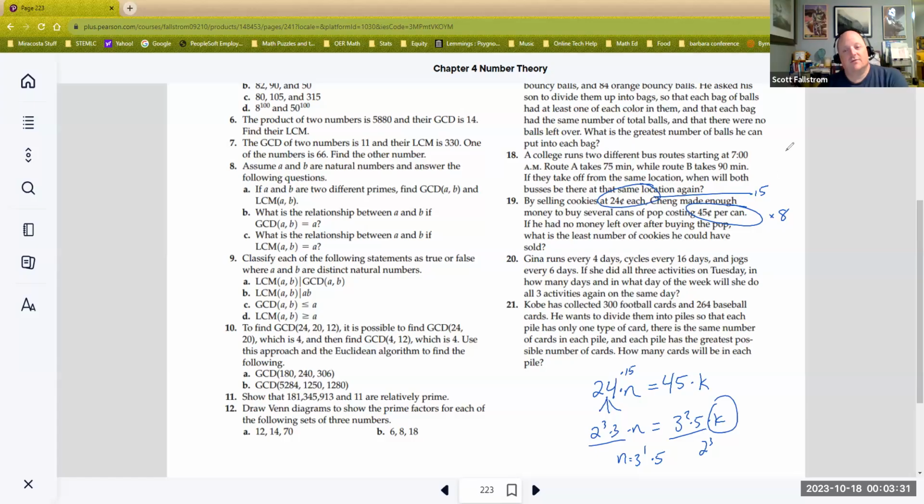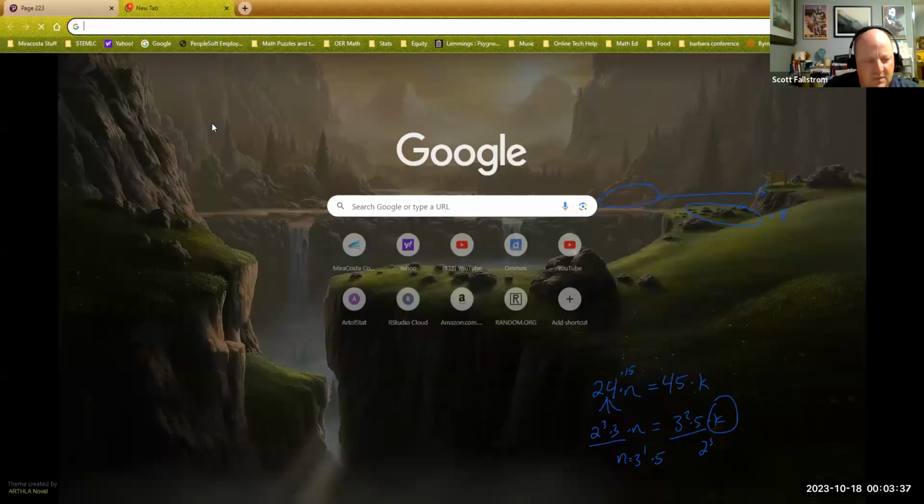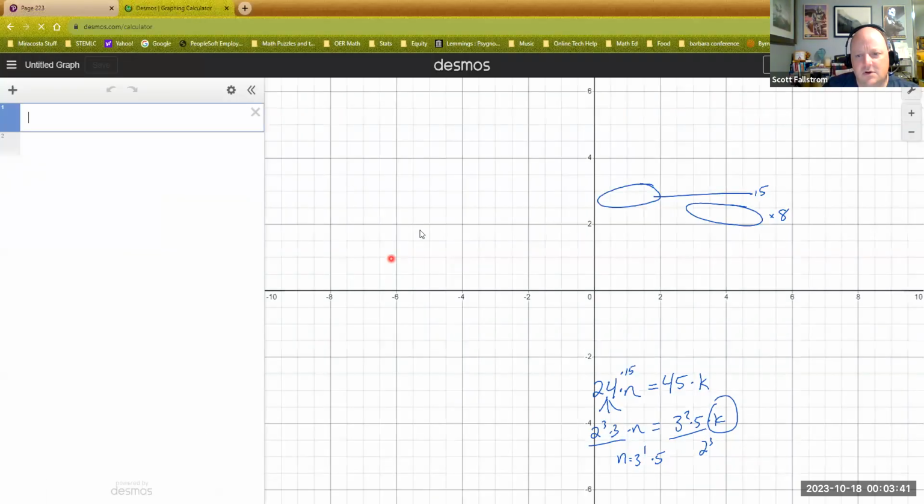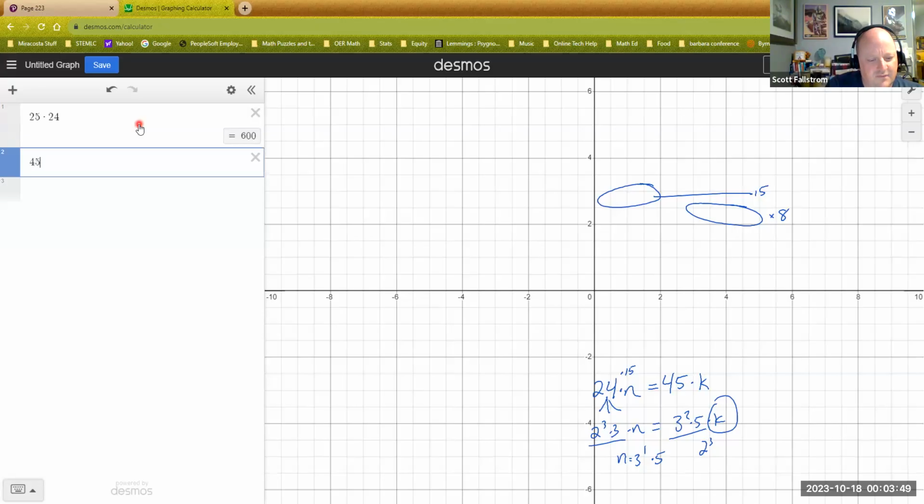And you can check it, right? 15 times 24. Let me open up a new tab. Let's see here. Desmos. 15 times 24 cents is 600. Okay, and 45 times 8.